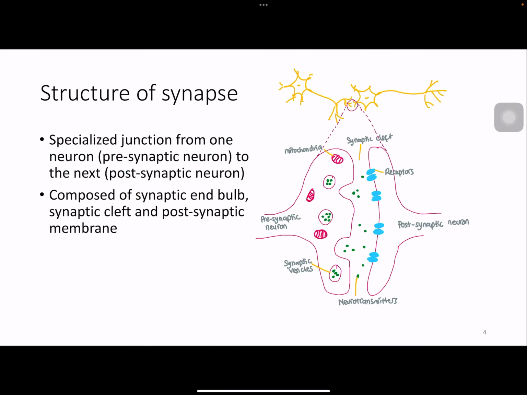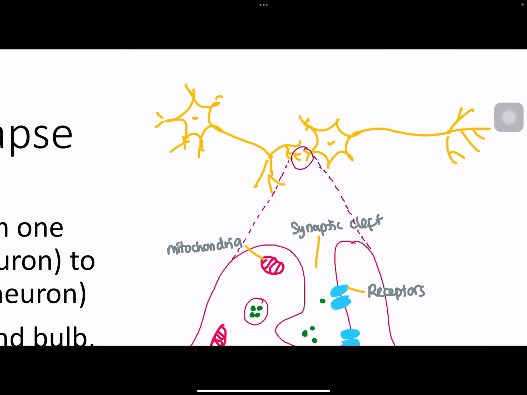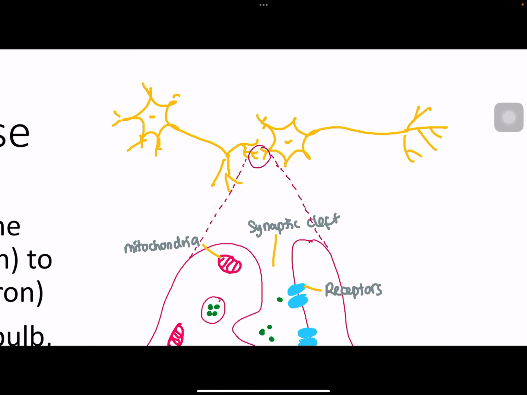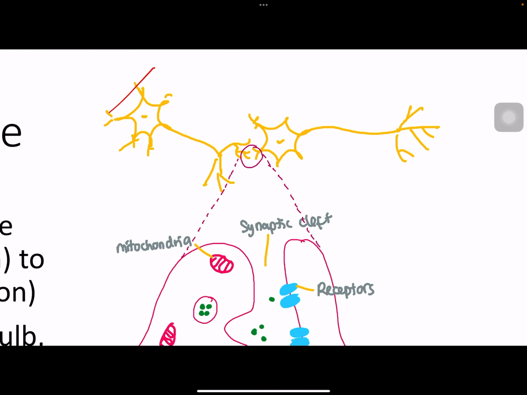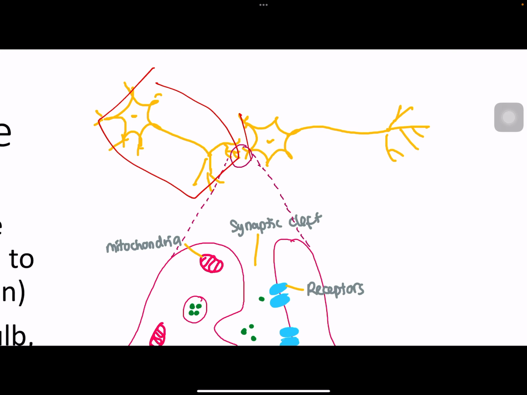So what is a synapse? If you think about how the neurons communicate with each other, how do they pass on the transmission? Imagine this is one neuron, and then there is a second neuron. The point at which the first and the second neuron get together is known as a synapse, which is the junction between the two neurons.